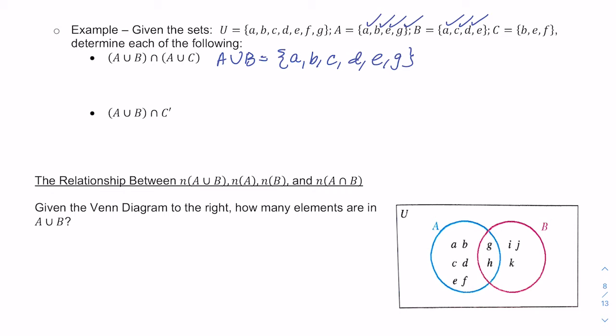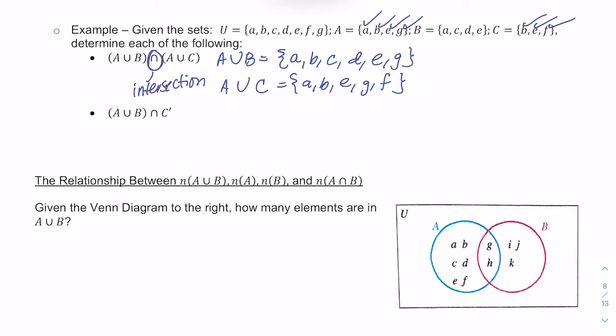This next quantity asks me to find A or C. So I'm going to do the same thing, except now I'm going to look at A and C. So I definitely need to have an A, and I definitely need to have a B, and I need to have an E, and a G, and an F. From that, I need to find the intersection, right?